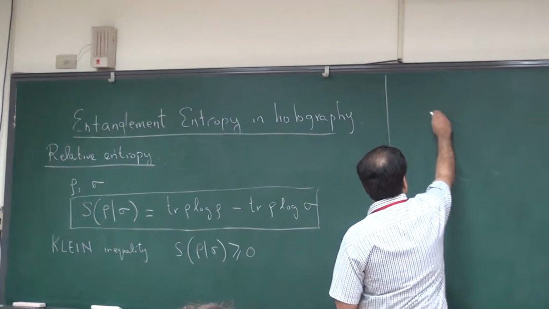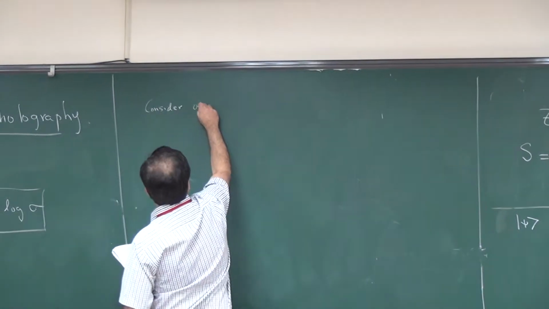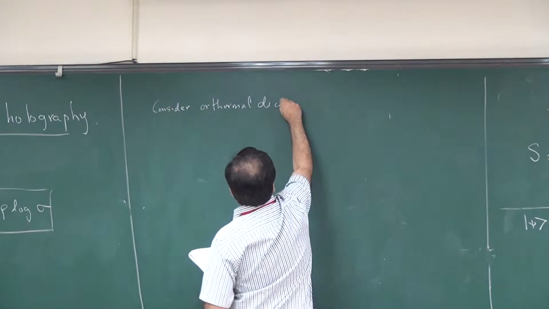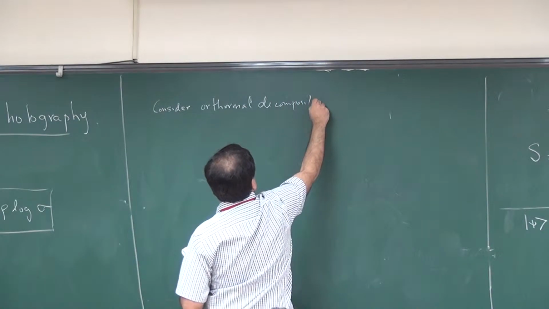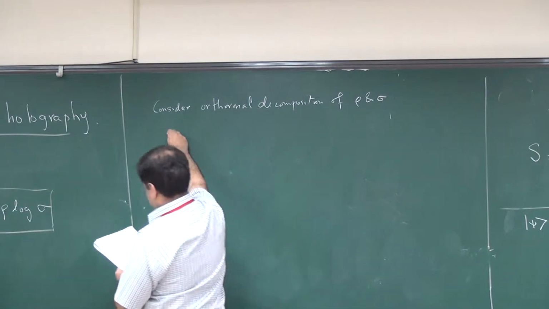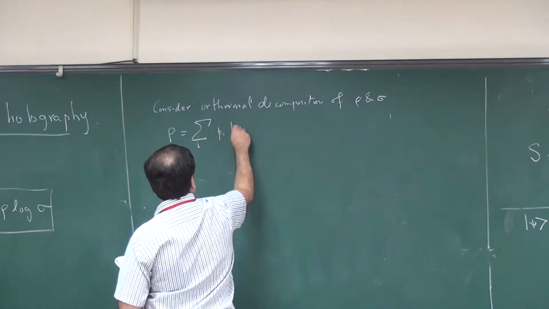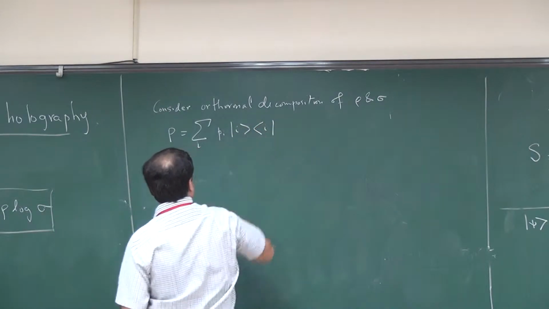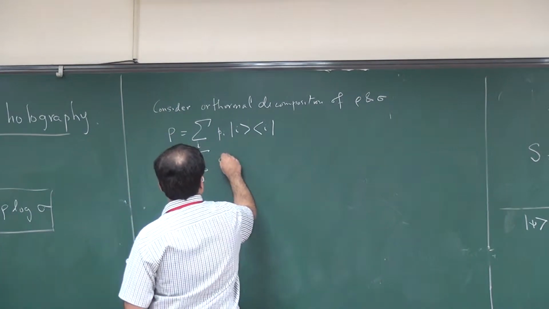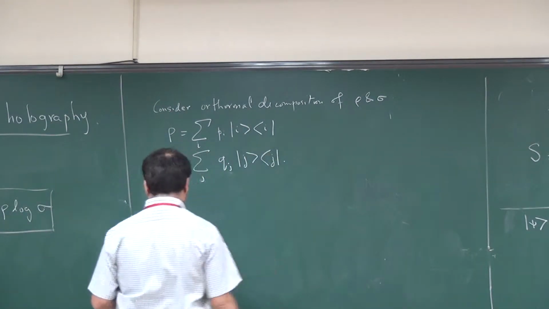You consider the orthonormal decomposition of rho and sigma. So I'm writing rho as summation over i of p_i |i><i| like this, and I'm writing sigma as summation over j of q_j |j><j| like this.